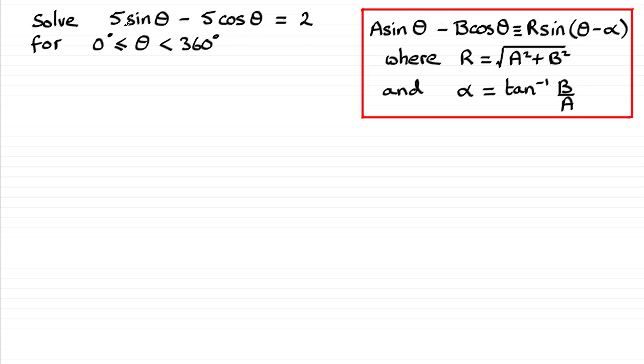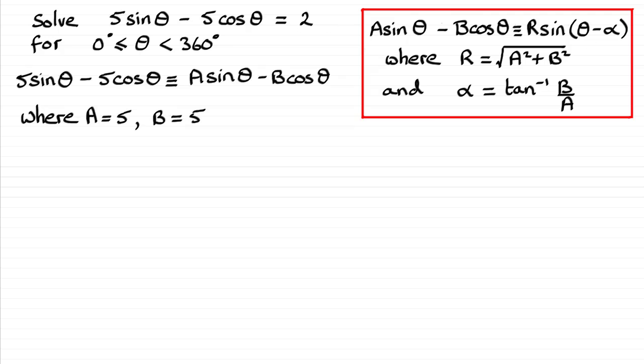So what we've got here then is 5 sine theta minus 5 cosine theta. It's got this form here. If we were to write that in, you can see that it's identical in form to a sine theta minus b cosine theta, where a is 5 and b is 5. And we can see that the r is the result of square rooting a squared plus b squared.